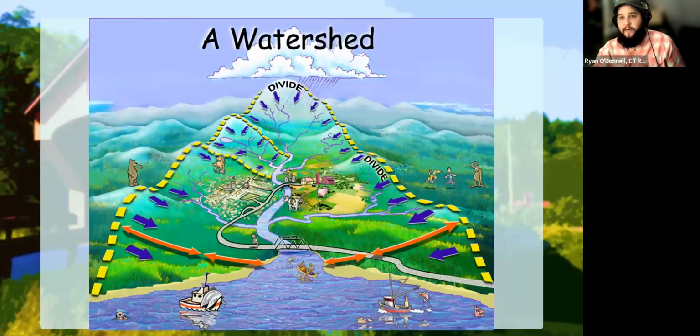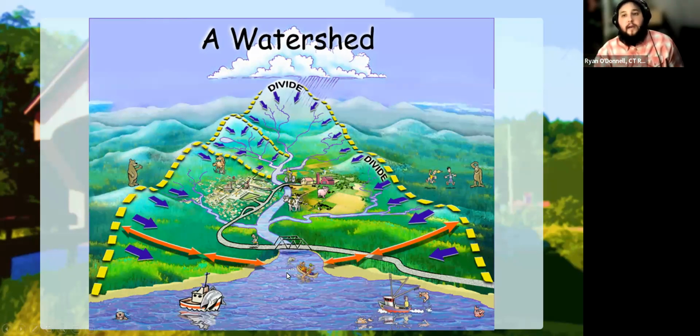So, you always got to start from the very beginning about what is a watershed. This is my favorite diagram of a watershed. You can see the dotted yellow line is the outline, and a watershed is an area of land on which water drains to a particular water body: river, lake, estuary.